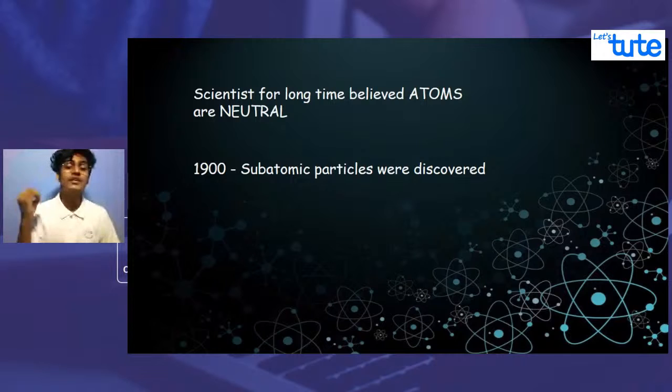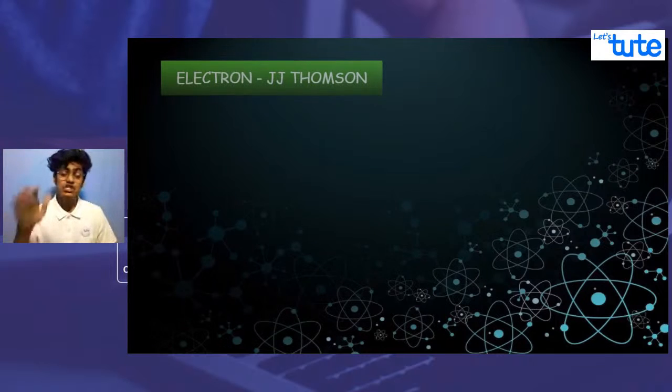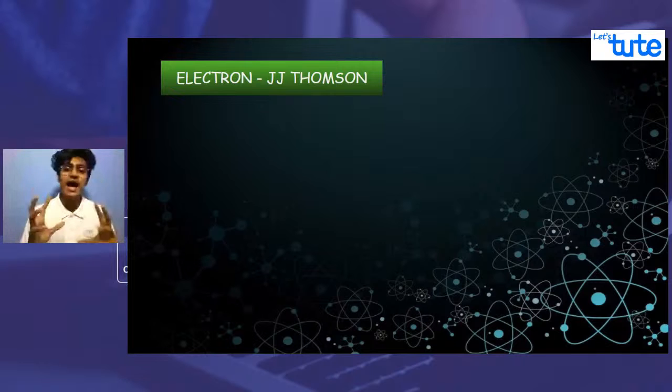Now let's try to understand how electrons were discovered, or who discovered them. There was an amazing experiment performed by JJ Thomson. JJ Thomson was the one to discover electrons. This is very important, so please try to understand this very carefully. First, scientists thought that atoms are neutral and do not contain any charges.